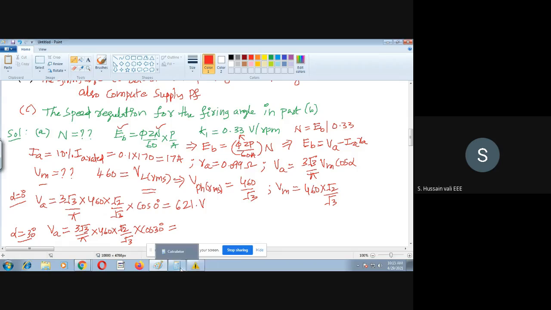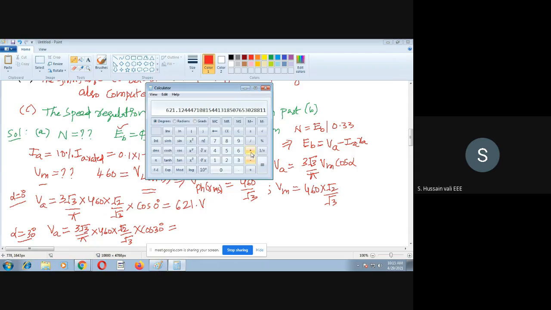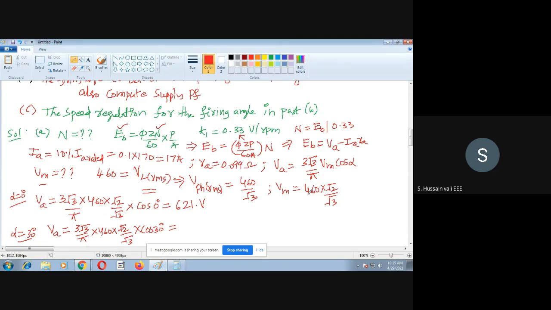What is cos 30? Multiplying with 621, we get 537.8 volts. So we got two voltages.